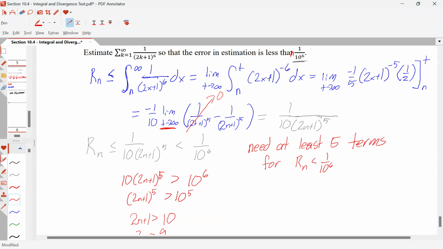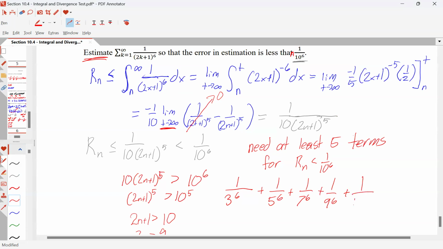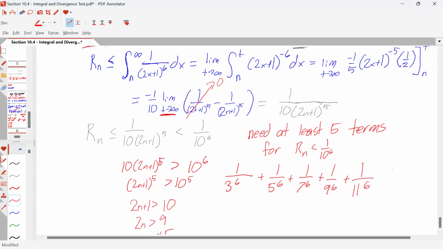So to finally estimate, we're just going to find those first 5 terms added together. So that would be 1 over, plugging 1 in, we'd have 2 times 1 plus 1, 3 to the 6th. Plus 1 over, plugging in 2, 2 times 2 plus 1 is 5, 5 to the 6th, plus 1 over 7 to the 6th, plus 1 over 9 to the 6th, plus 1 over 11 to the 6th.